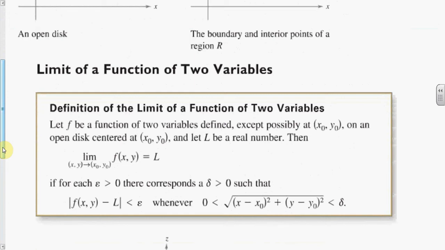What is this square root of x minus x naught squared plus y minus y naught squared? This is just the distance formula. This distance formula is computing for us the distance from x naught, y naught to the so-called boundary value on the disk.